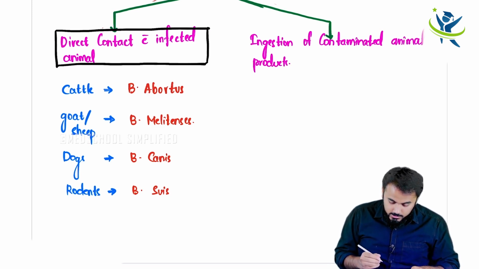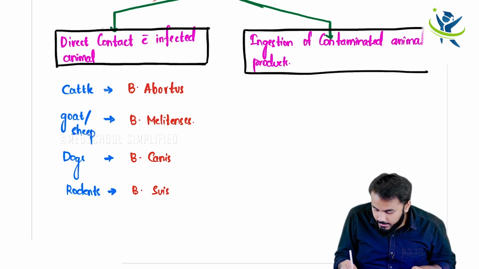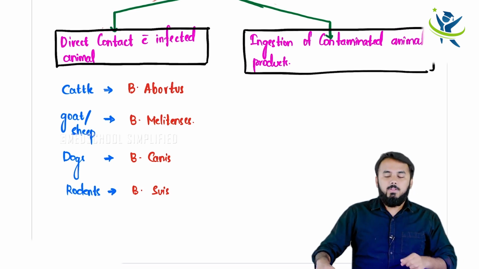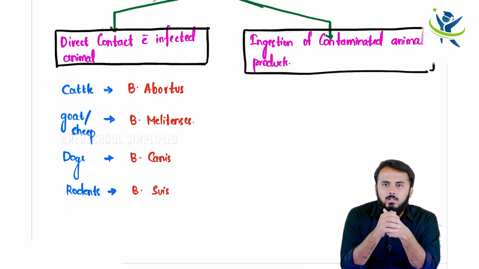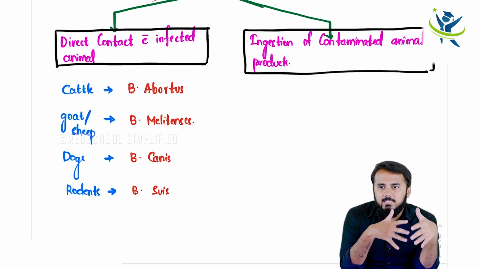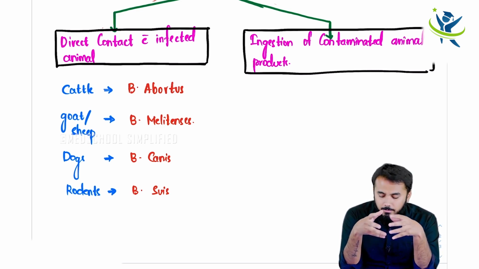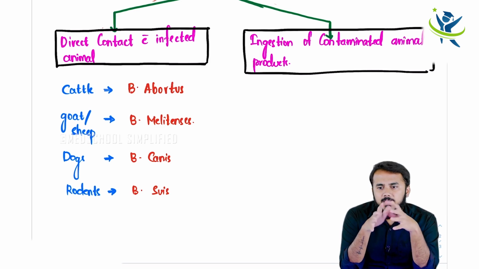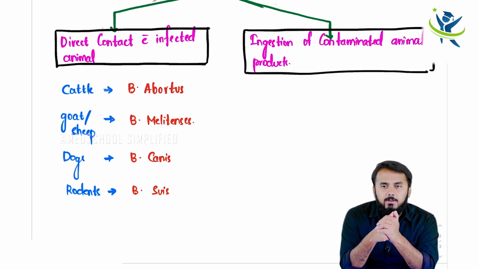What I mean is that, for example, if I am ingesting contaminated animal products, for example contaminated eggs, contaminated dairy, I mean the milk and all these are contaminated with this bacteria, because these bacteria are coming from the cattle only. So if that infected cattle is giving us the milk, or let us say giving us the eggs, meat or whatever it is, so if I am ingesting those products from that contaminated animal, then I am more likely to get this Brucella, right? Clear?